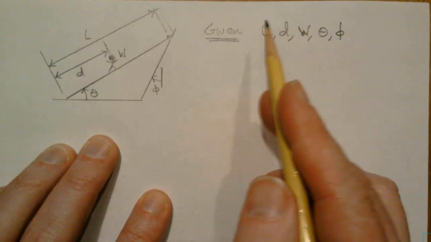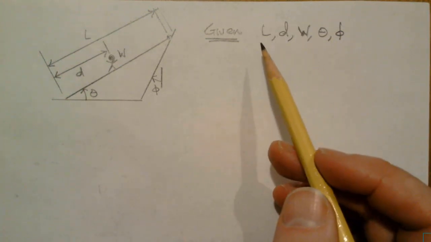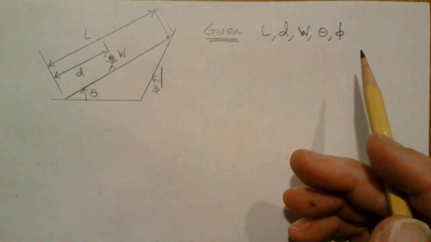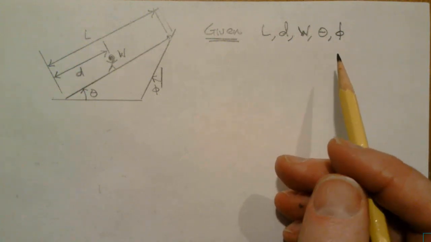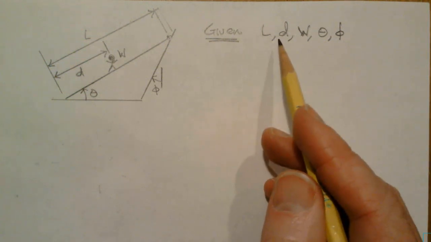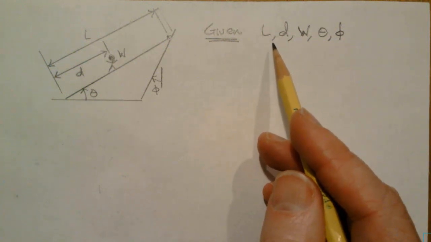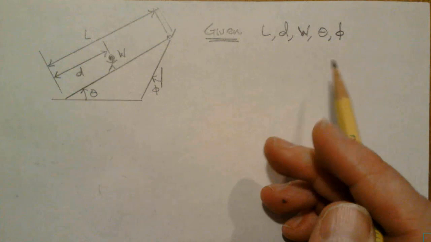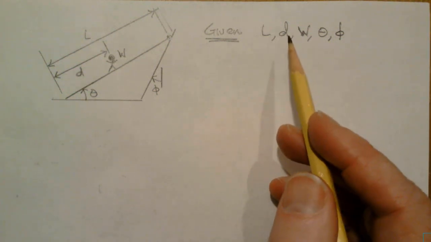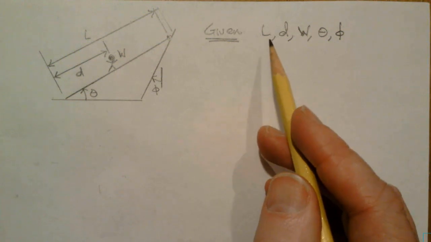So these are the quantities that are given, and I say quantities, but you might notice that there are no numbers here. And in this class, I'm going to give you very few numbers. We're not going to be working with numbers very much. We're going to be working with symbols most of the time. So that length is an L. L could be 5 meters, it could be 17 feet, it could be any length you can imagine, right?